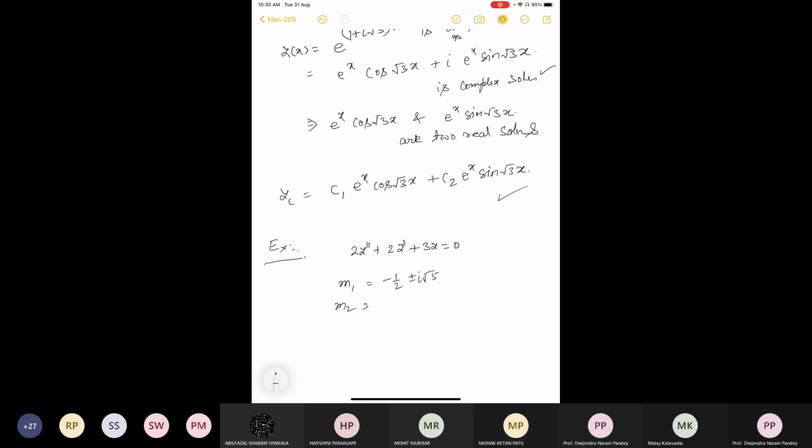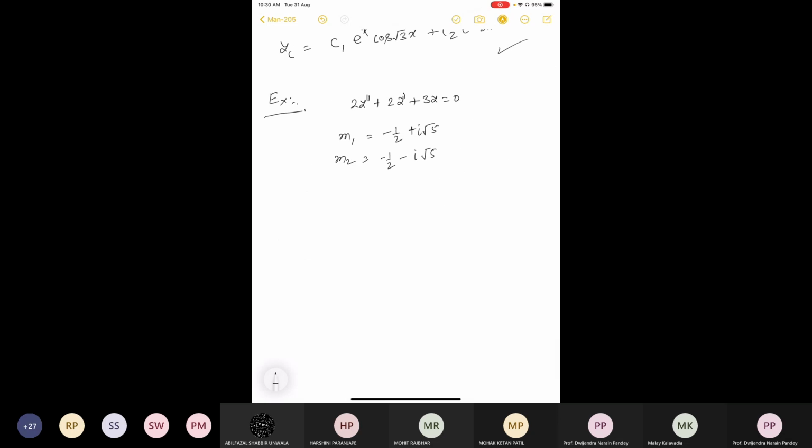So it is minus 1 by 2 plus minus i root 5. If I take the plus sign above, I think you can find out the solutions.